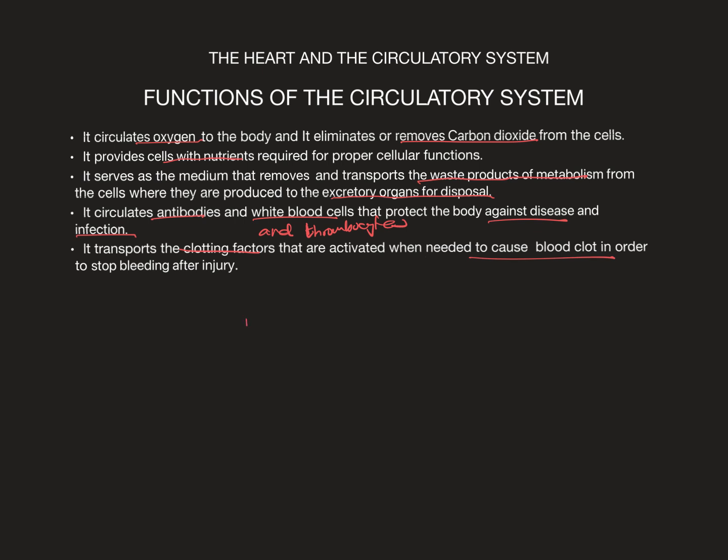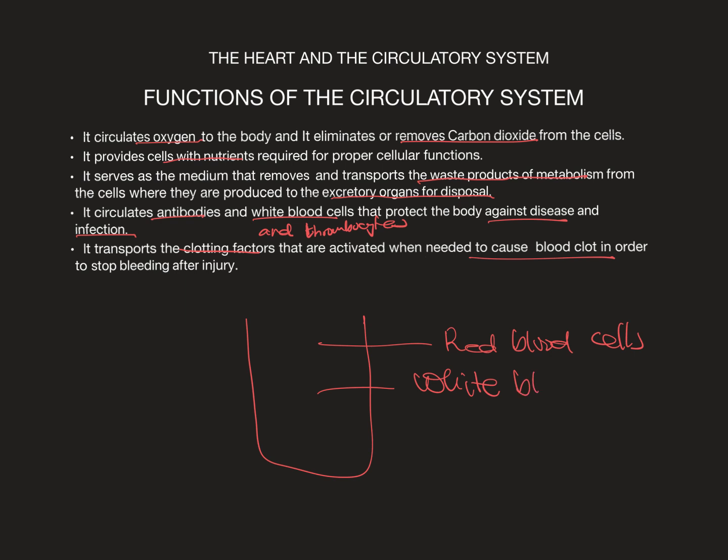The blood has three important cells. We have the red blood cells, we have the white blood cells, and we have the platelets, which are also known as thrombocytes.